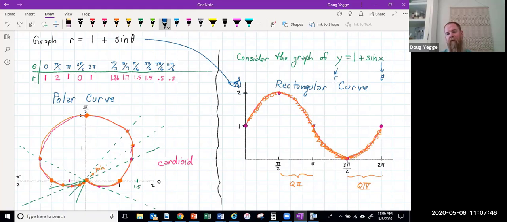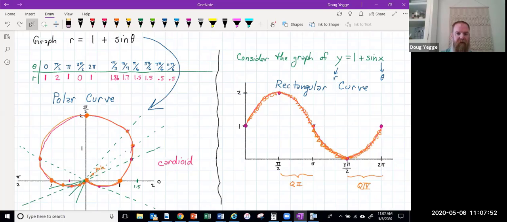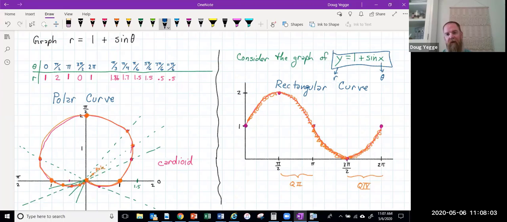That's what y equals 1 plus sine x looks like. R equals 1 plus sine theta is this graph. That is what's necessary. So basically all I'm saying is I could use y equals 1 plus sine x. Since we know how to graph that from trigonometry, I can use that to help me to create this graph.